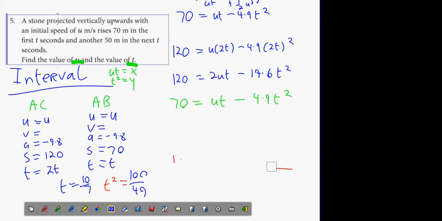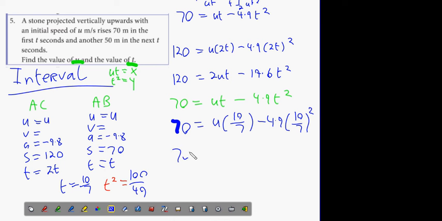So it's going to be 70 equals u times 10 over 7 minus 4.9 times 10 over 7 squared. Can somebody do this in the calculator? It's going to be 70 plus 4.9 times 10 over 7 squared equals 10 over 7u.